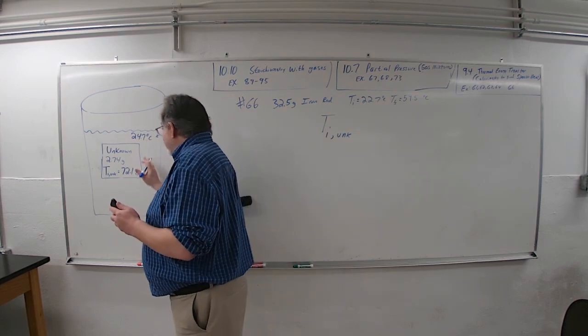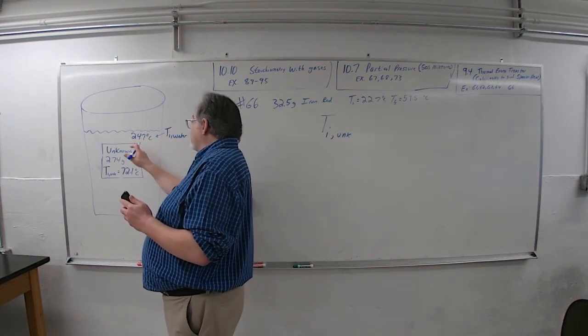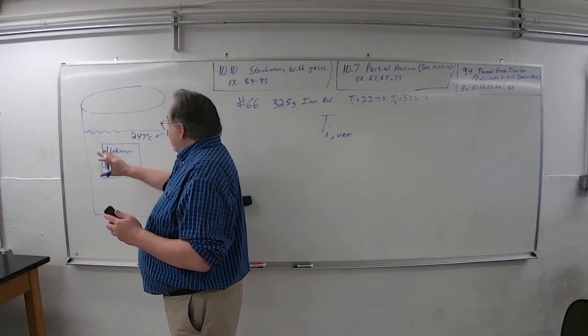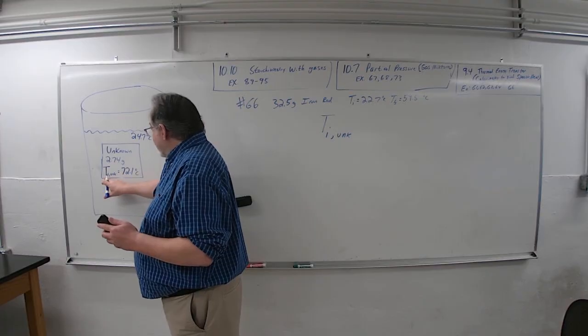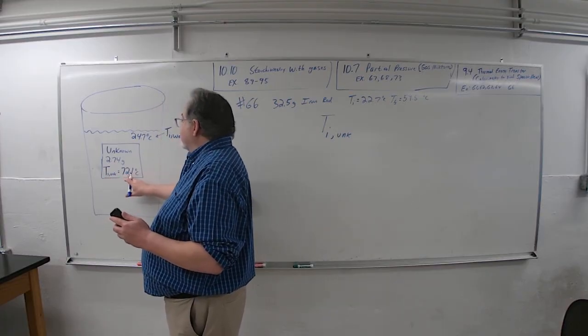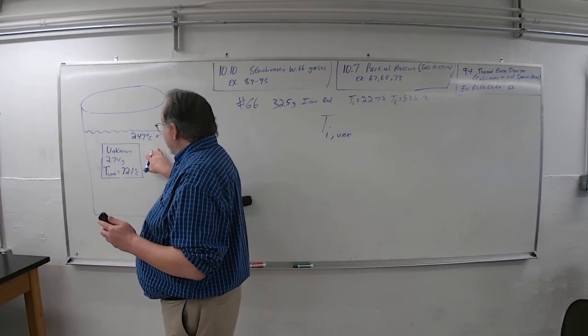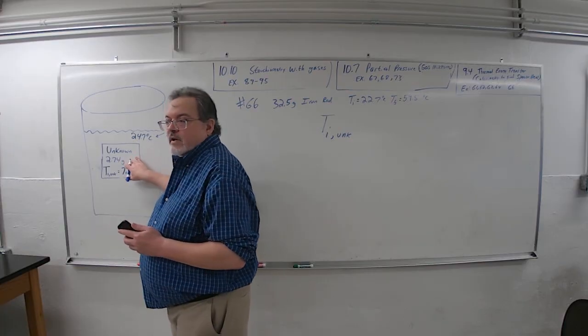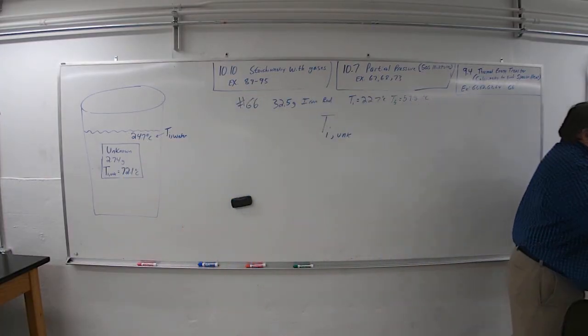So the initial temperature of this surrounding water, temperature initial water, 24.7 degrees. I dropped this chunk of unknown metal in here, and I heated it to 72.1 degrees, and then dropped it down in this water. So I've got a temperature measuring the water, and I had a way of measuring this temperature when I got it up to temperature. You with me?